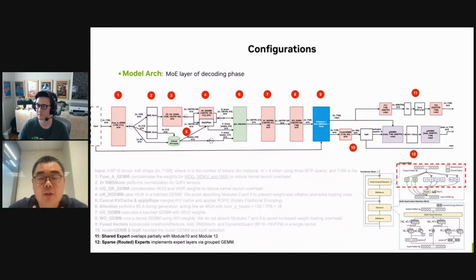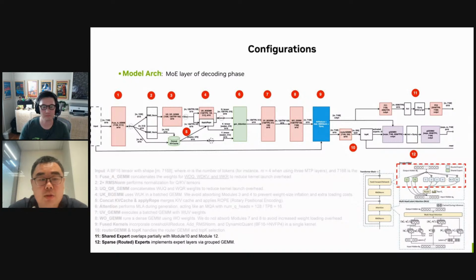There are two paths of the MoE module. The first path is a shared expert. It's a dense GEMM-based path, and this path can be overlapped with the router GEMM, top-k, and sparse experts by multi-streams. And the other path is the sparse expert.